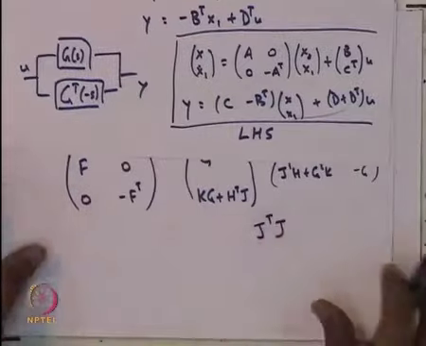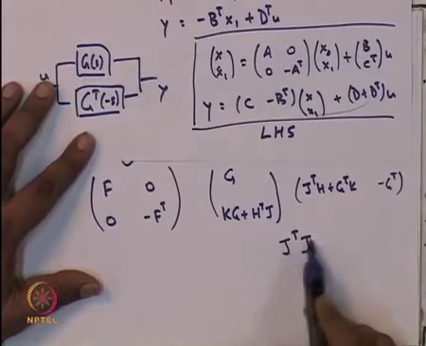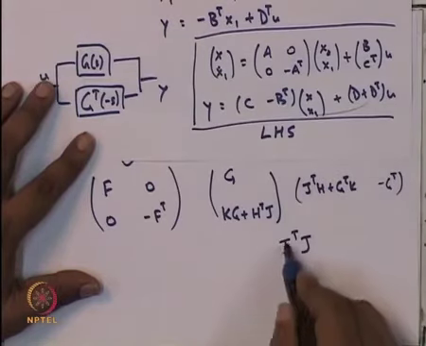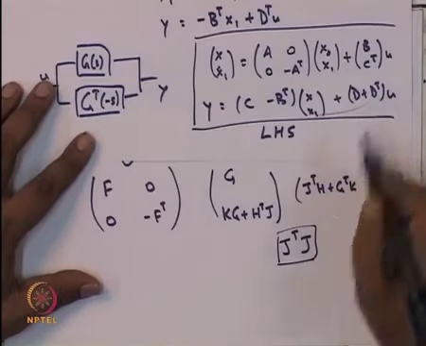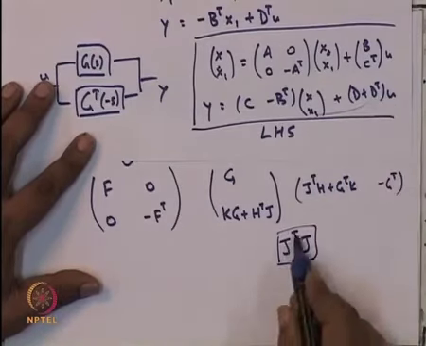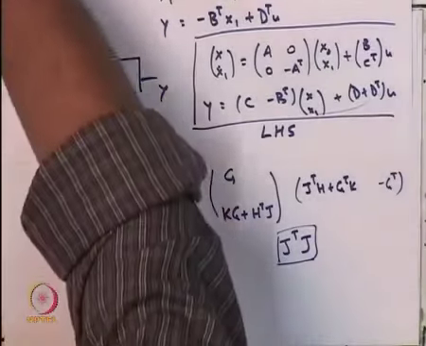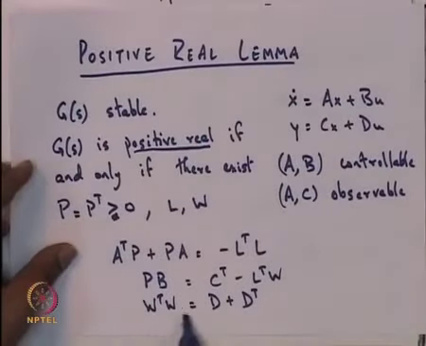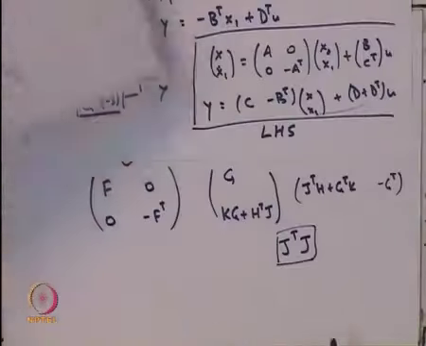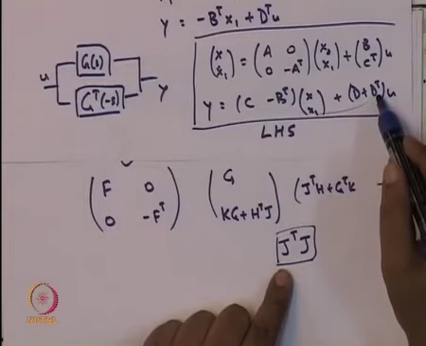And now it should be clear that once you do this transform, suppose you have that similarity transform acting on this to make it this, then whatever this gets transformed by, this will turn out to be equal to D plus D transpose. So, this J transpose J is really, let me pull out the positive real lemma. This last equation says D plus D transpose is equal to W transpose W. This is really saying that this matrix is the same as this matrix. Okay.